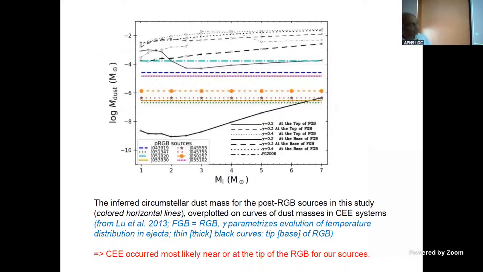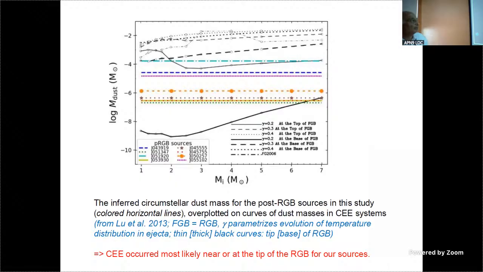Okay, here's a theoretical study done of the inferred circumstellar dust mass for post-RGB sources by Liu et al. The thick curves are what you would expect if the ejection happened at the base of the RGB, and the thin curves are if it happened at the tip of the RGB.